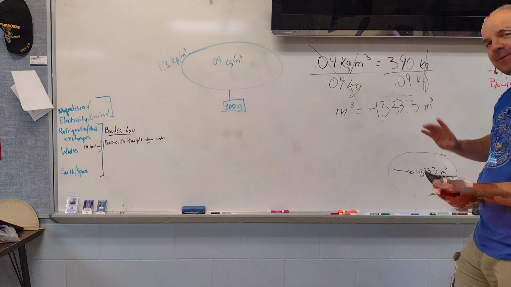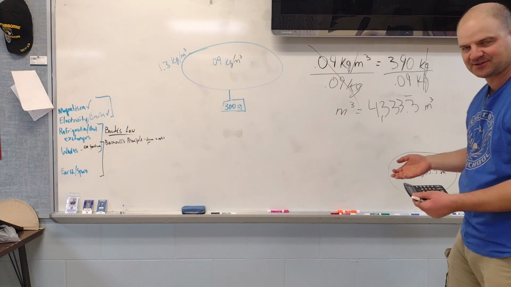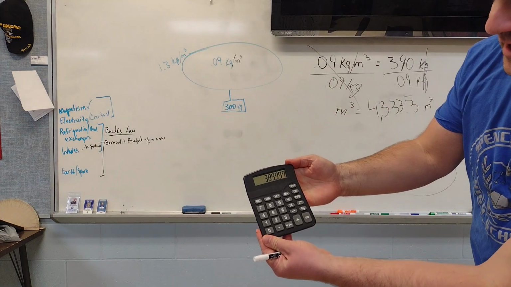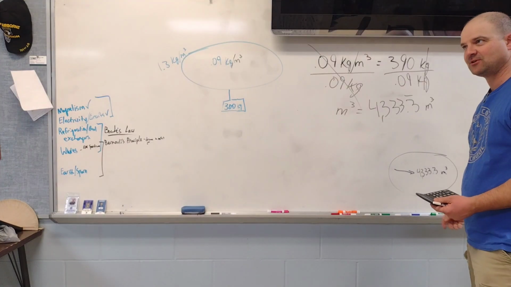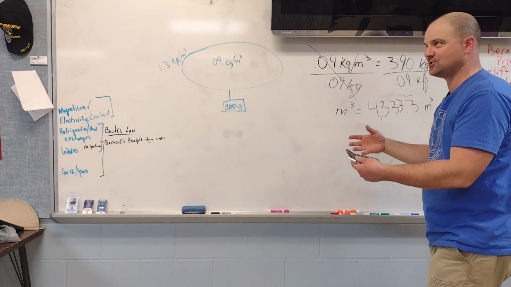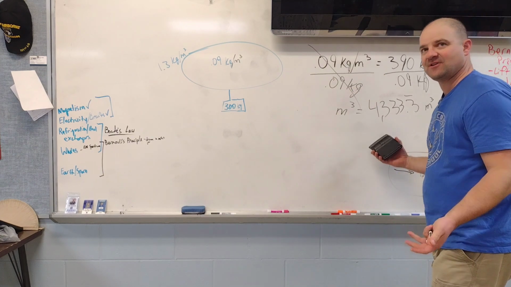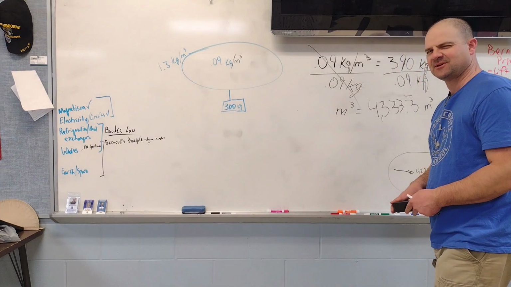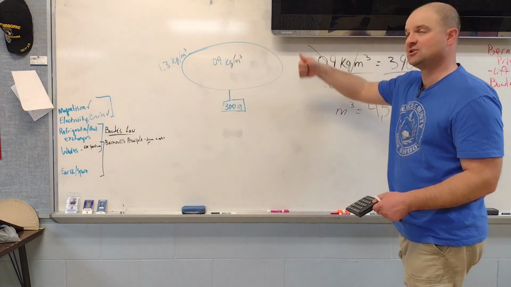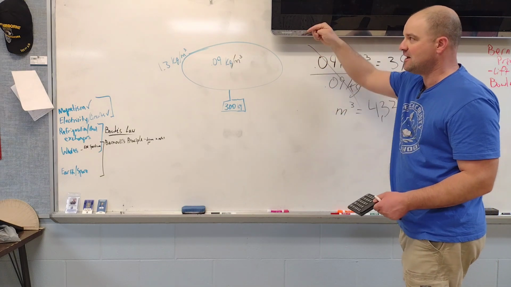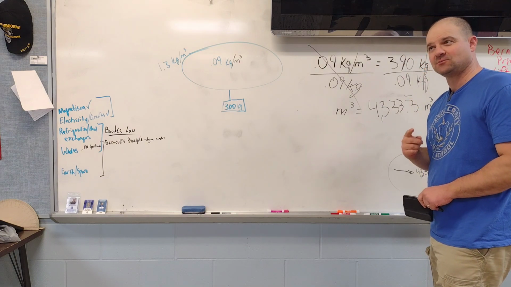Hit enter, and lo and behold, it makes sense now. I get back to 390, it's just rounding error here, 389.997. So the weight of the hydrogen, which really doesn't matter, should be equal to the weight of air it displaces. Does that make sense? If it's less than that, it's not just going to float, it's going to continue to go up. If it's more than that, it'll start to sink. Hopefully that helps. If not, we can discuss further.